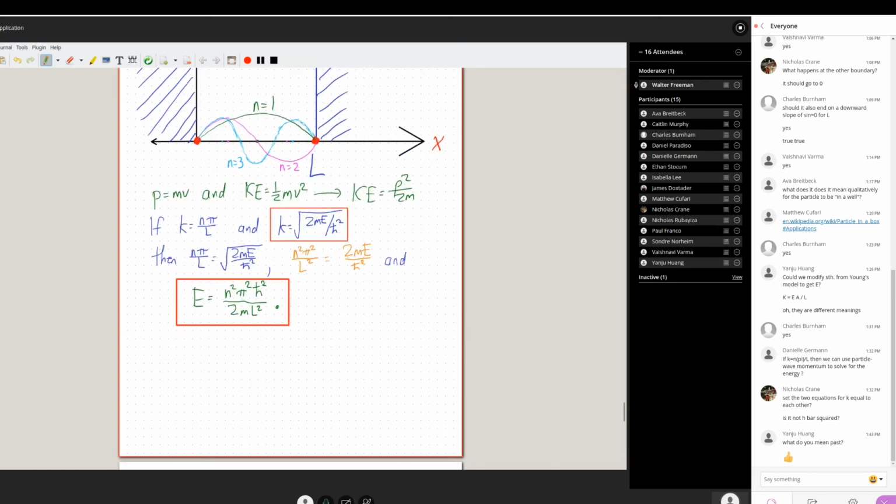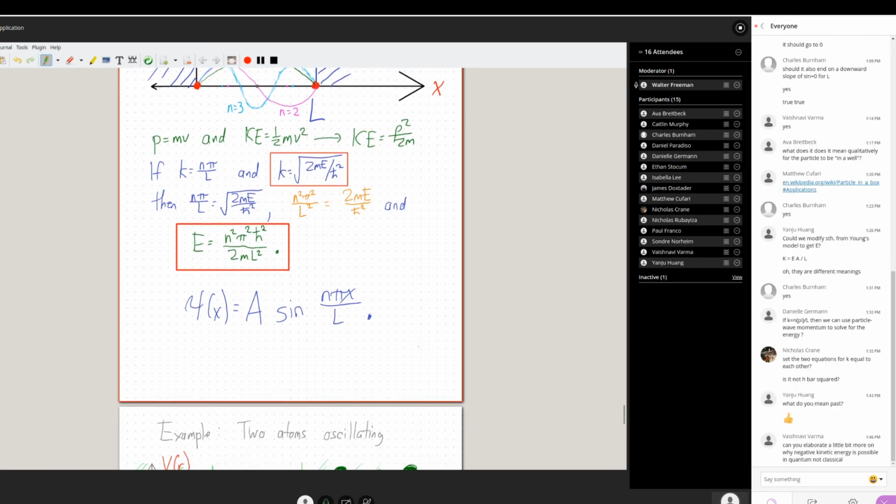And the wave functions were psi of x equals A sine(n pi x over L). You can find A by using the normalization constant. Yes, I can, Vaishnavi. So this is kind of on Tuesday.